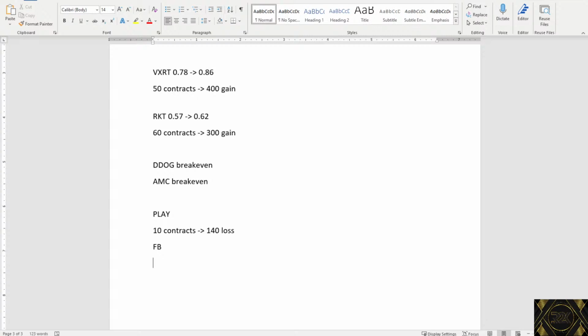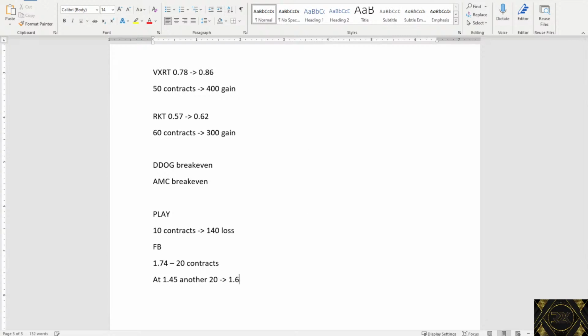So with Facebook, what happened was we got in at 1.74, and that was 20 contracts, and then at 1.45-ish, I threw down another 20. So obviously there's some discrepancy here, but it was about like this.